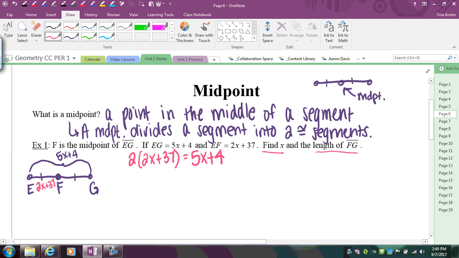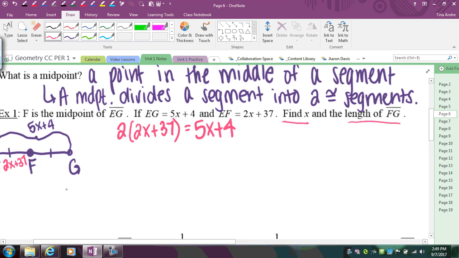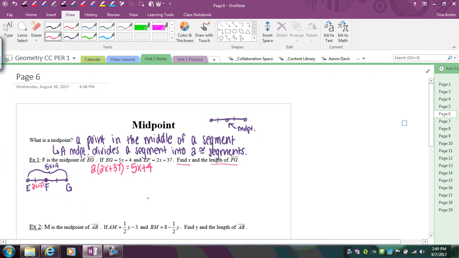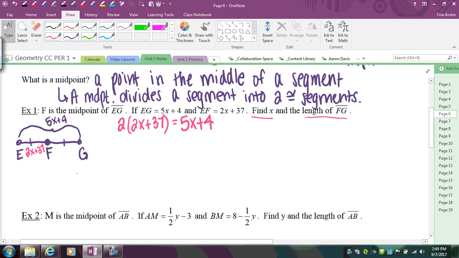The other option is to say that 2x plus 37 equals 1/2 of 5x plus 4. I just don't want to do it that way because then I'm dealing with a fraction. Or the third option, you can say 2x plus 37 plus 2x plus 37 equals 5x plus 4, because this over here is really 2x plus 37 as well.